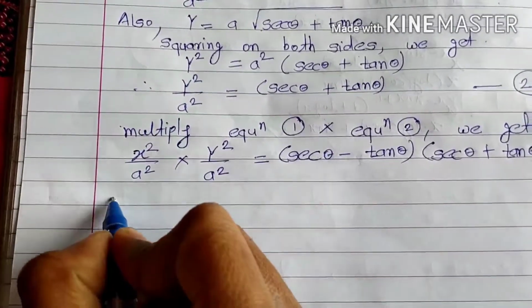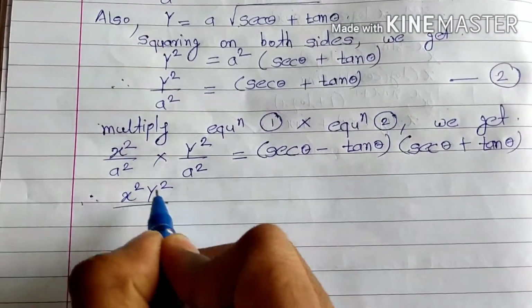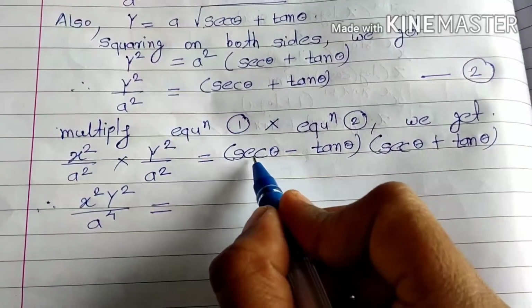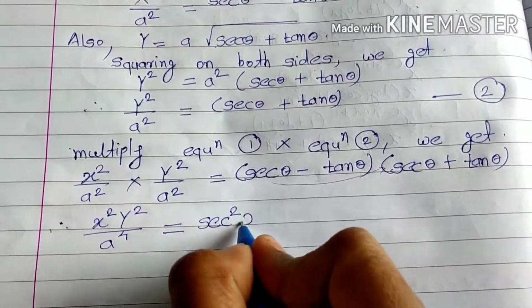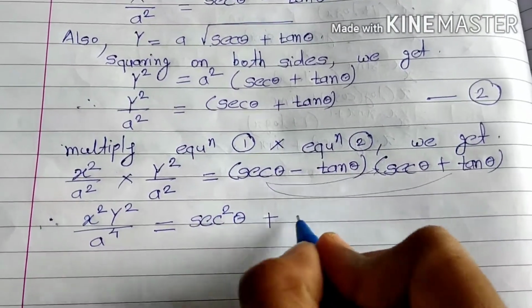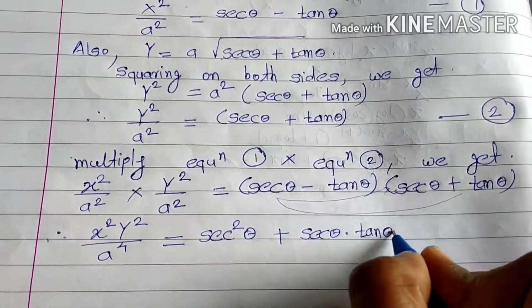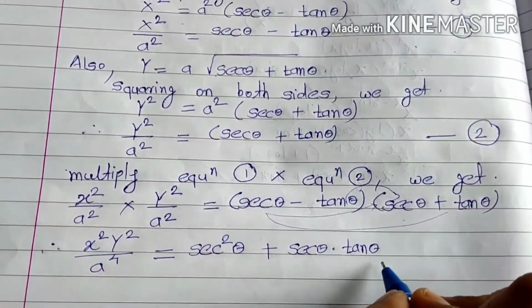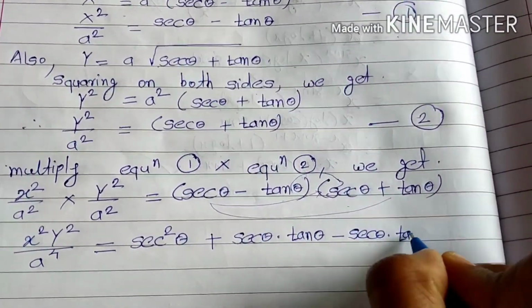Therefore x square into y square, and this a square into a square becomes a raised to 4. Now multiply first sec theta into sec theta, so sec square theta. Next sec theta into tan theta, so plus sec theta into tan theta. Next tan theta into sec theta, so you can also write it as sec theta into tan theta.